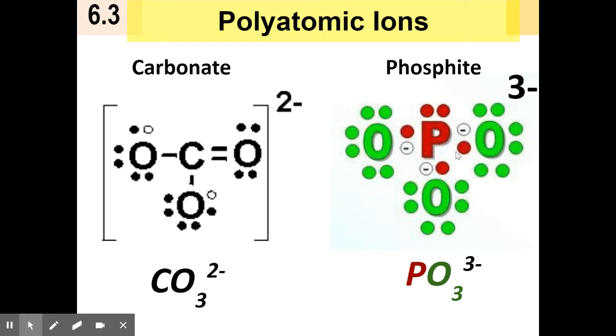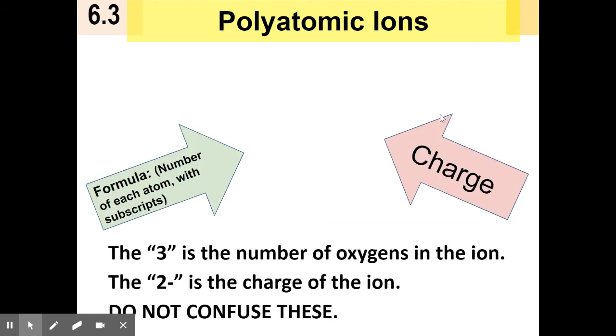Here's phosphite, phosphorus trioxide, another impossible molecule to make using Lewis dots unless you could find your way to steal 3 electrons. And if you can steal 3 electrons, you can make it work. That's what phosphite is. So there are dozens of these polyatomic ions, small molecules that work together to steal electrons and act like an ion.